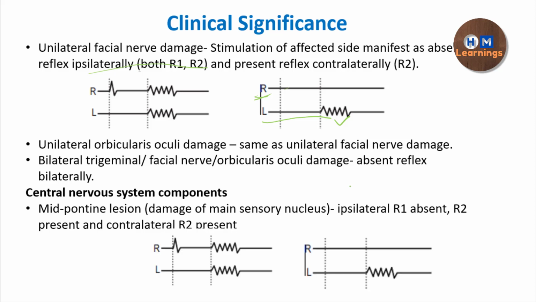So you can see, okay, here just a second. Here the R2 component will also be present. Okay, so this is a mistake in putting the graph. The R2 component will also be present on the ipsilateral side as well as on the contralateral side. In the text it is written correctly.